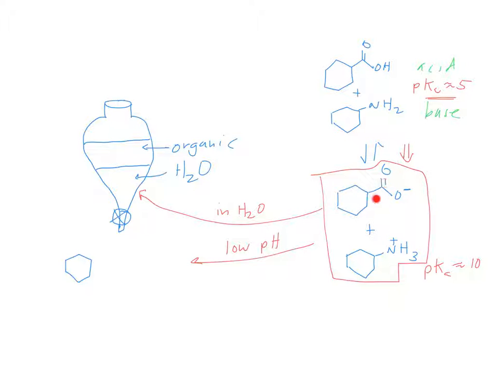This is the basic form. If we make it a low pH, it's going to protonate on that oxygen. It'll give the carboxylic acid back. What about this ammonium ion? If we go to lower pH, what's going to happen to it? Essentially nothing. It's already in its acidic form, so it's going to stay the same.